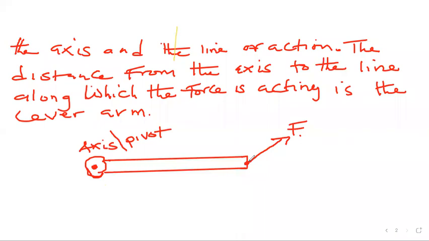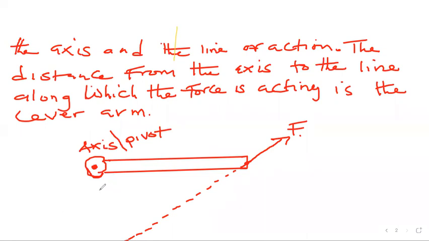We draw a dashed line there, which will be parallel to the force through its point of application. That is how you draw it. So this line should be dashed.